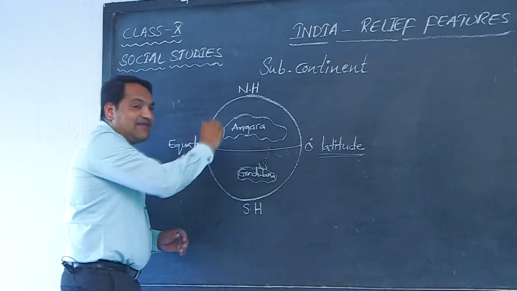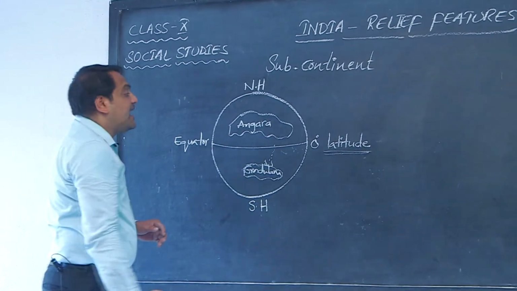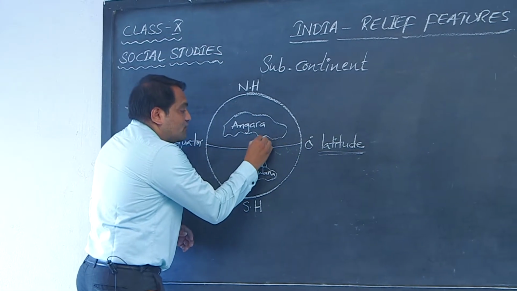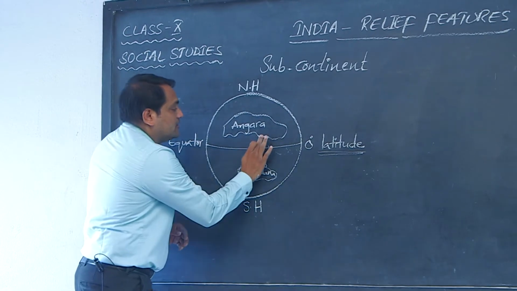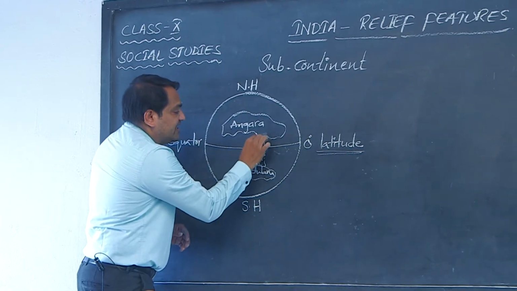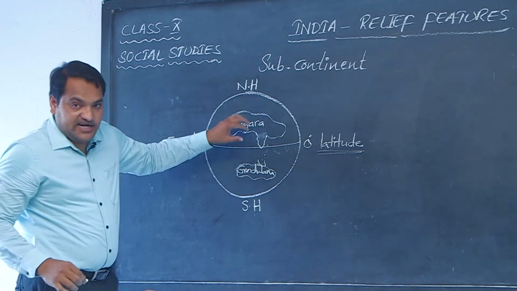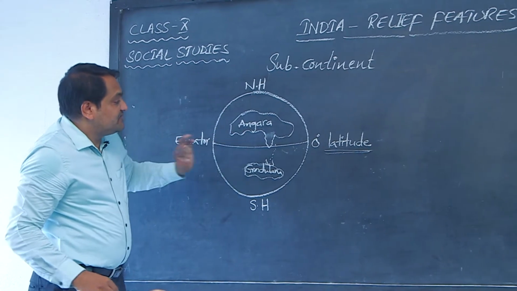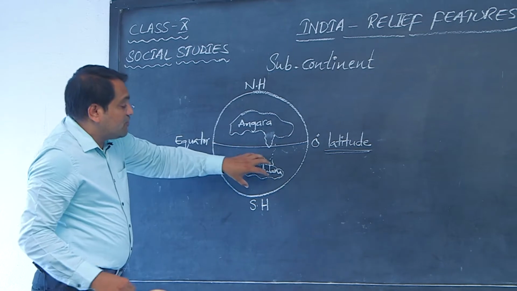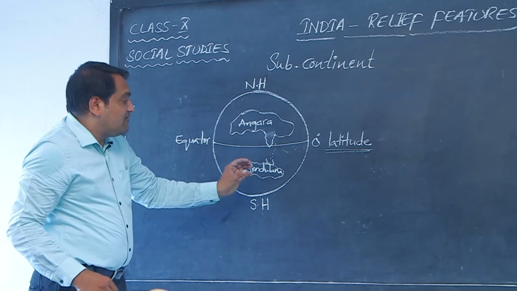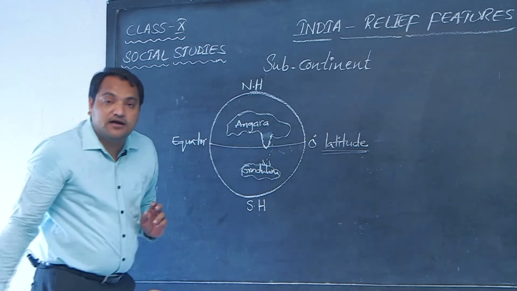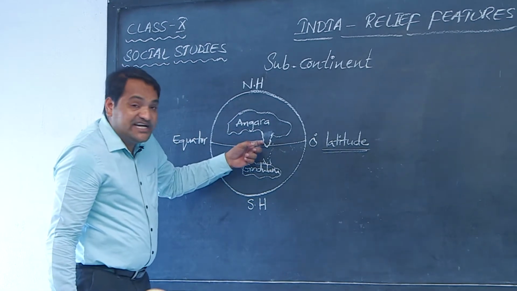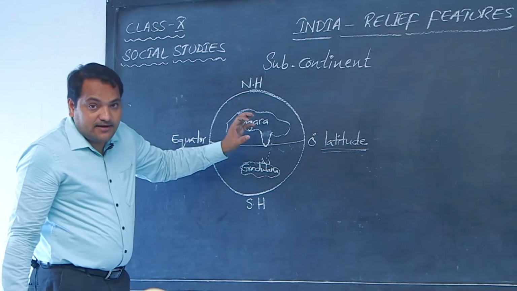It slowly traveled in the northern direction and collided with the European continent and Asian continent, and this is how the Gondwana part of land turned into a peninsula. What did India become? A peninsula.